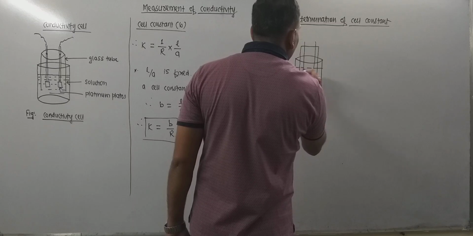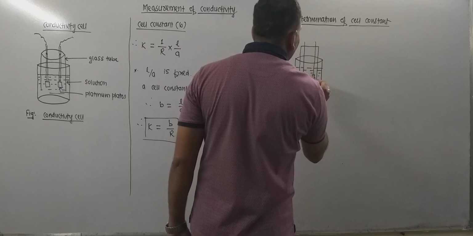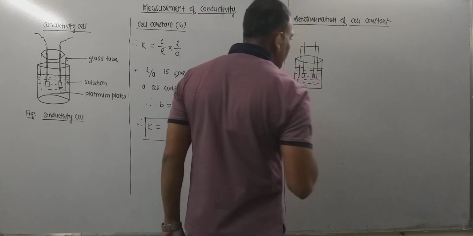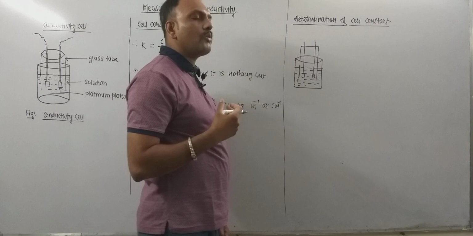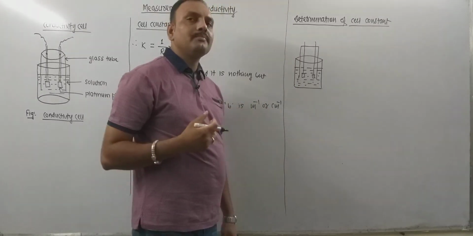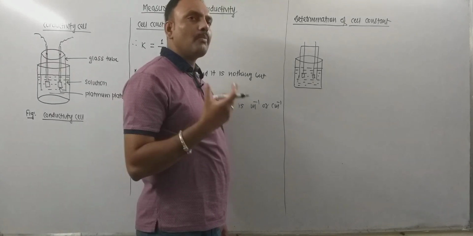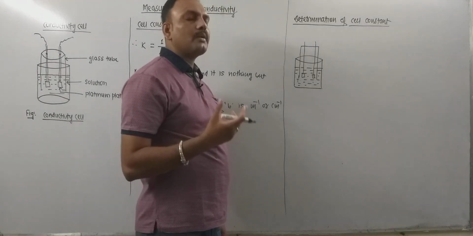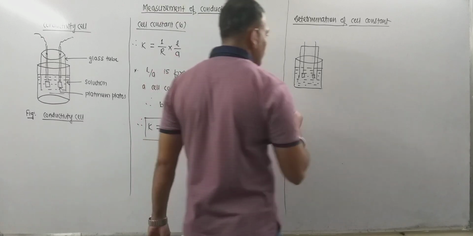Now in this we are using a solution. Remember, a solution of known concentration, I mean one can use 1 molar KCl, 0.1 molar KCl or 0.01 molar KCl solution for this purpose.